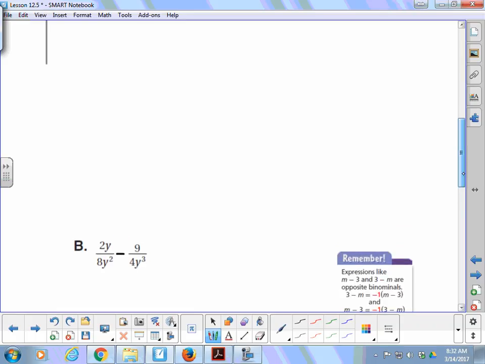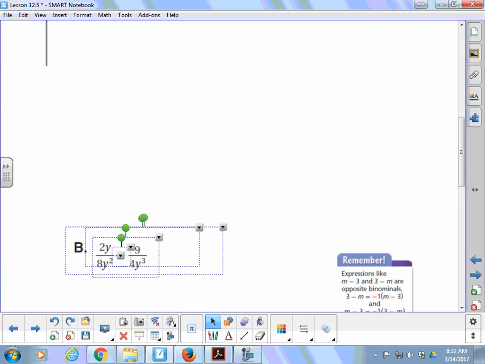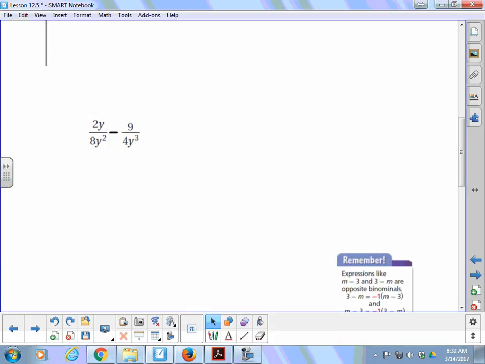So if we're subtracting then, look to see what one denominator has that the other one doesn't have.